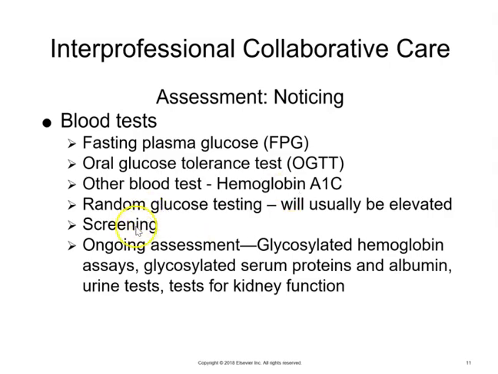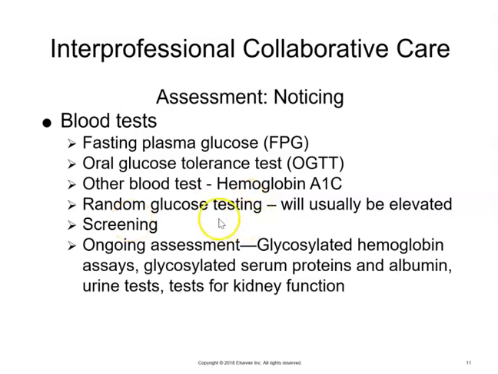So with clients that have excellent glycemic control, that A1C is going to be close to normal range or possibly within normal range. But if they've not been compliant with their diabetic regimen, it's going to be elevated. Screening for diabetes with an A1C is generally going to be recommended for clients over 45, people that are obese or have other risk factors such as genetics.